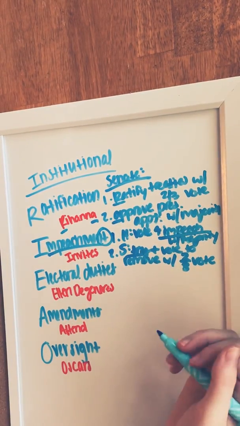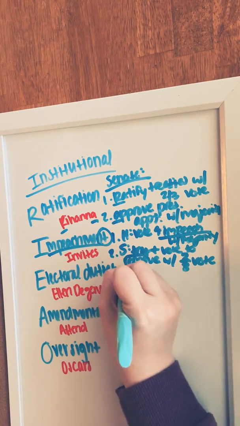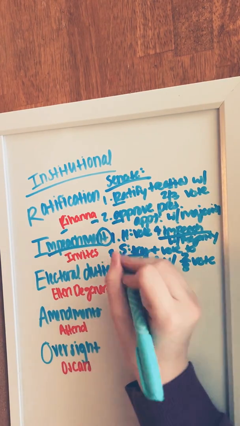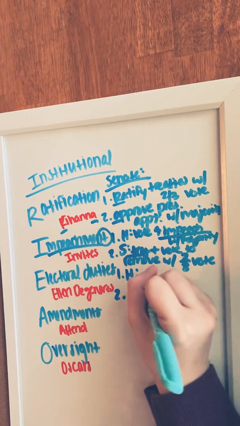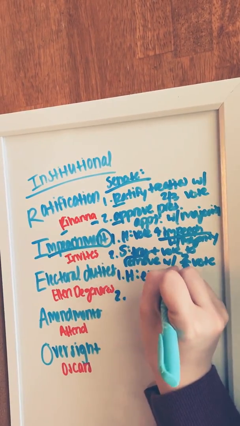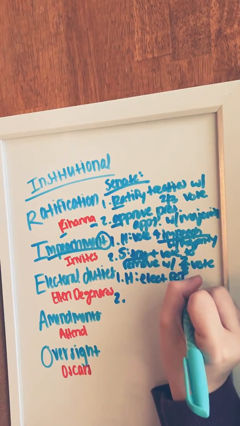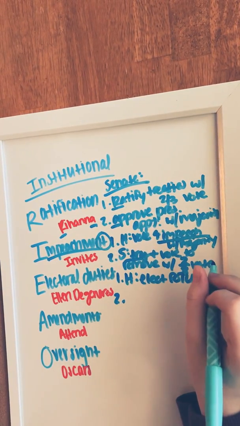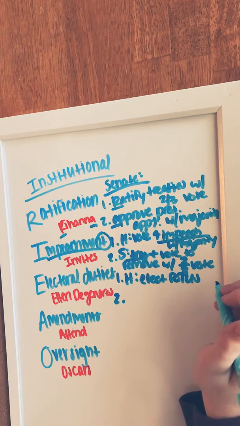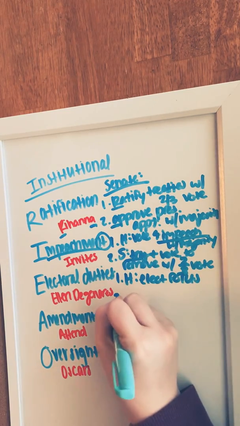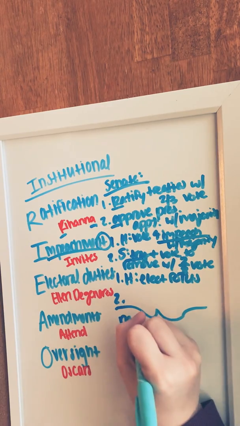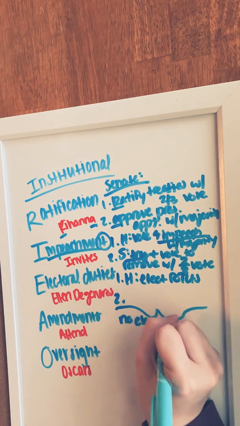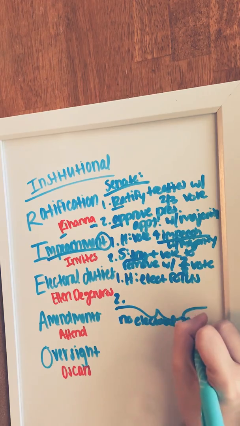All right, electoral duties. These are also one for House and a second one for Senate. So for the House, they elect the president. So they elect POTUS if no electoral majority exists, which is for both of them. So no electoral majority.